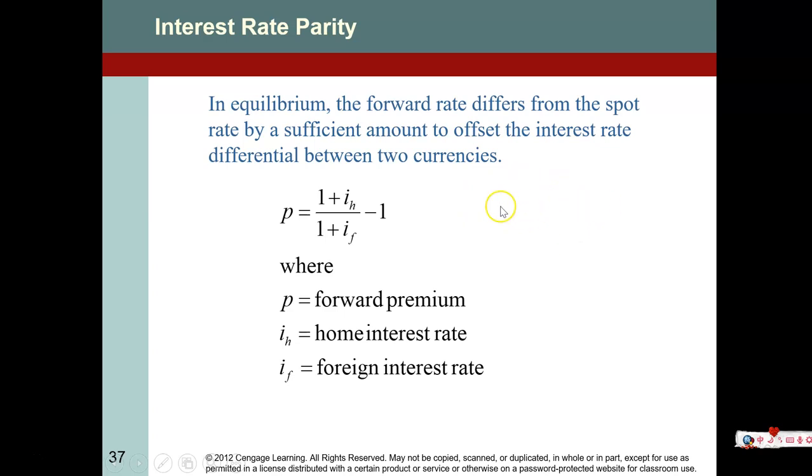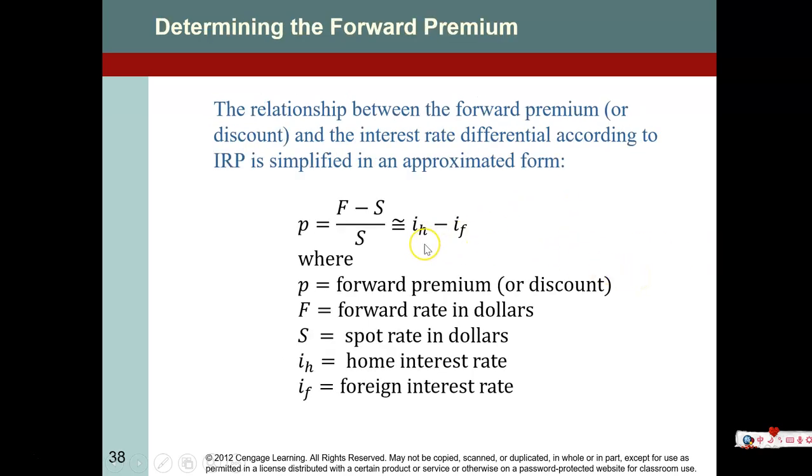So it becomes IH minus IF divided by 1 plus IF, which is approximately equal to IH minus IF, the difference in home interest rate and foreign interest rate. If it's equivalent to the forward premium, then we say there's an interest rate parity. There's no covered interest arbitrage opportunity in this case.